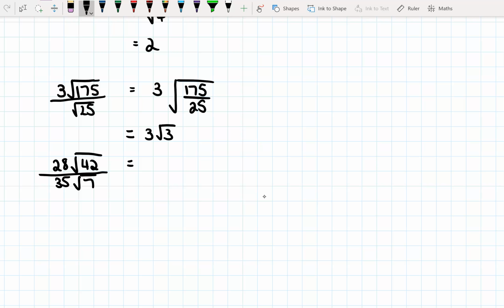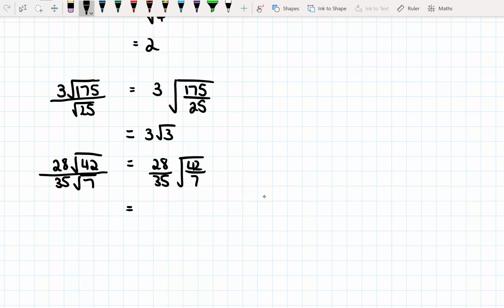So again, keep the coefficients separate. So let's think about 28 over 35 as its own part of the term, because that part we can actually simplify separately, times the square root of 42 over 7.